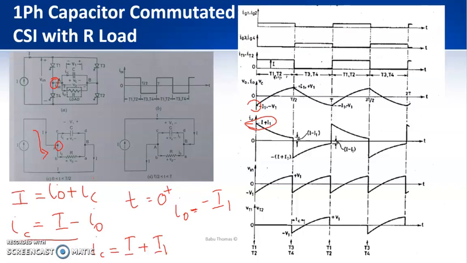After that, what is going to happen? The capacitor is going to charge, that is from minus V1 to plus V1. So by the time the capacitor is fully charged, we can say that the current starts reducing. Now we are looking at the instant just before T by 2, so I will write it as t equal to T by 2 minus.